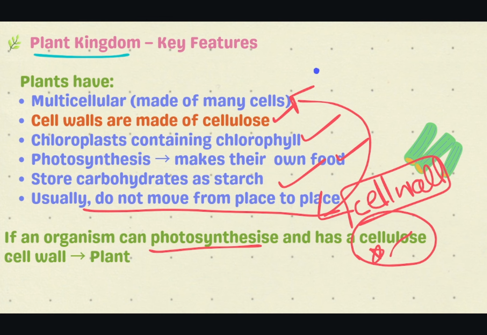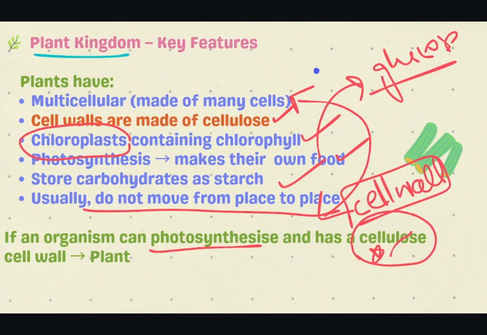They also have a structure known as the chloroplast, by which they do photosynthesis and make their own food in the form of glucose. And then the excess glucose, because plants do not consume all the glucose made at the same time, they store in the form of starch in the starch granules. I hope that this is clear.